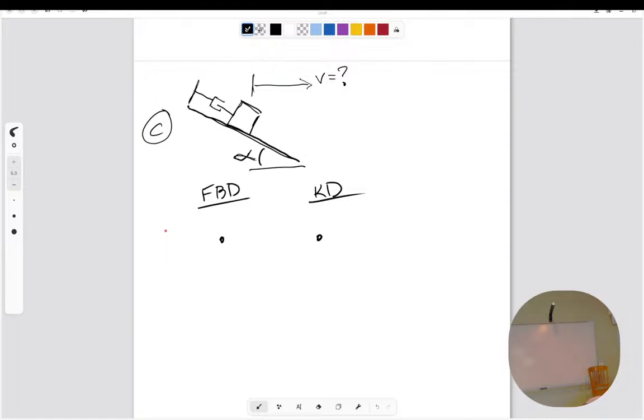Oh, it's independent of normal force. The only thing that matters for the damper is velocity. Yeah, it would just be B times whatever velocity it's moving at, down the slope.